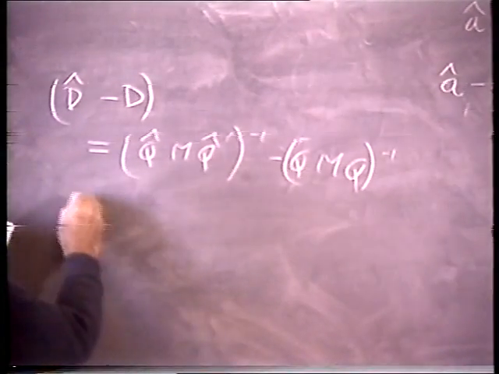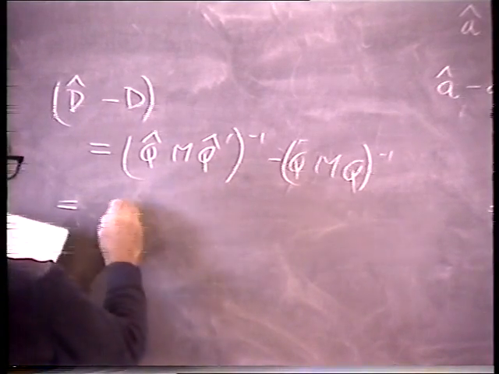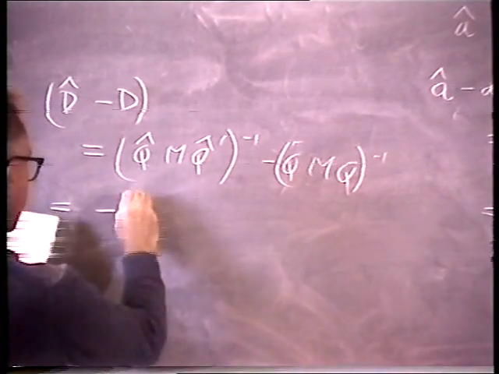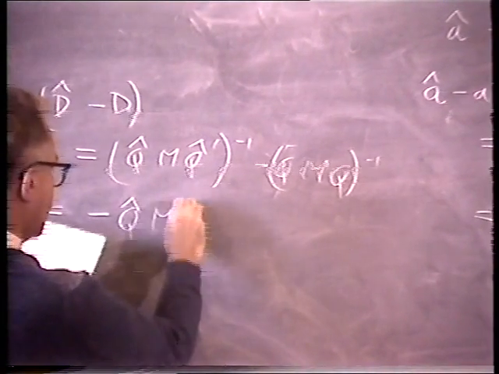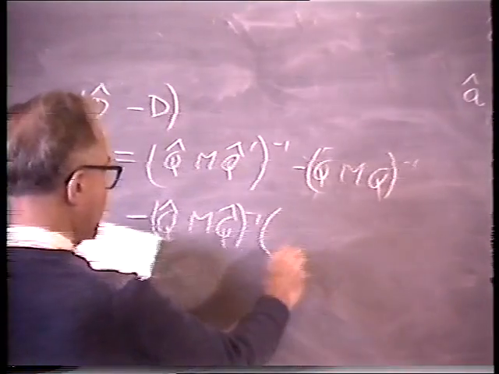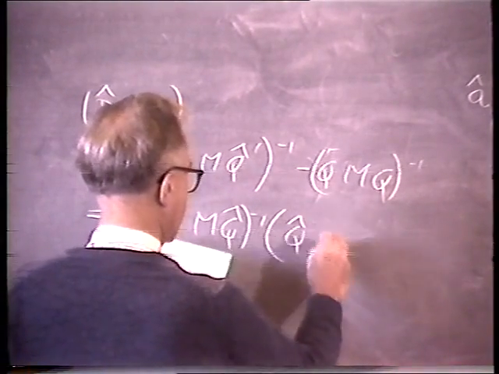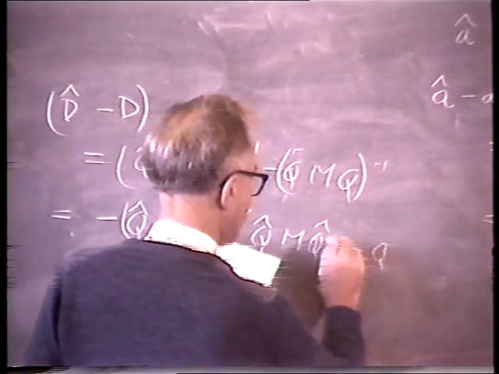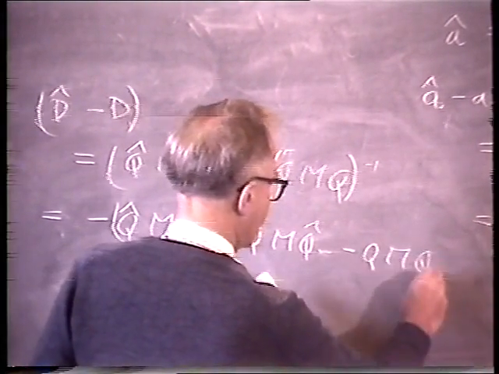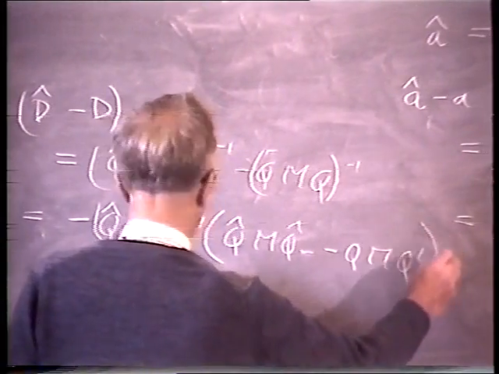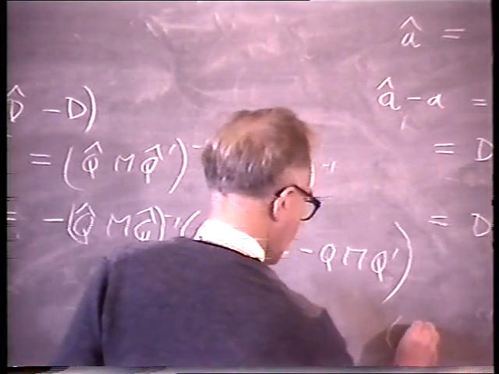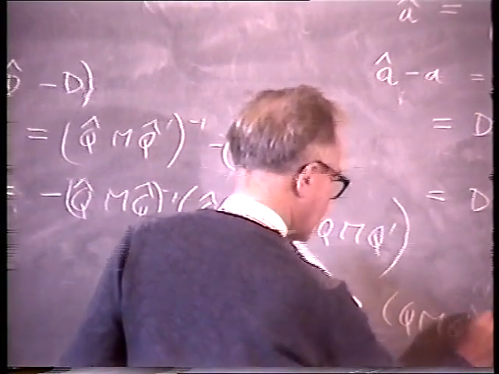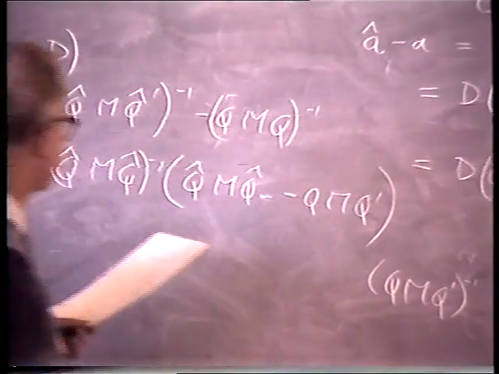And one way of writing that is to write it in the form minus q hat m q hat inverse into q hat m q hat minus q m q prime into q m q prime minus 1.